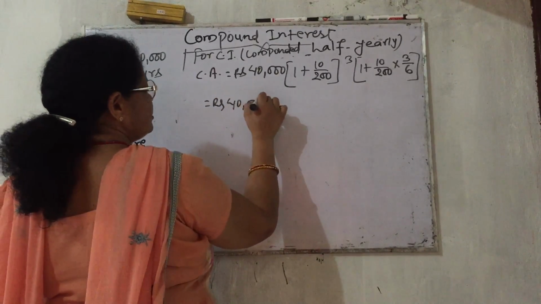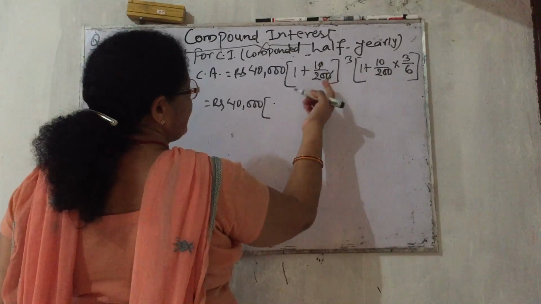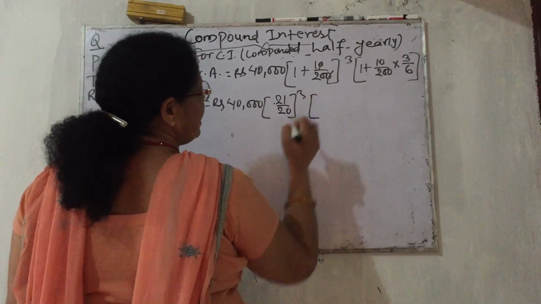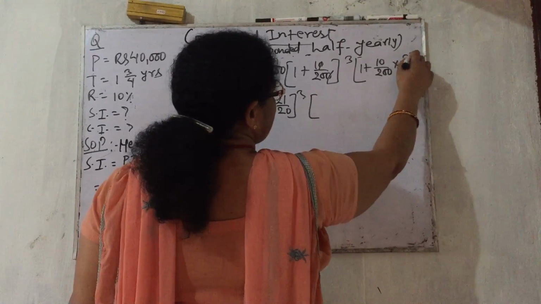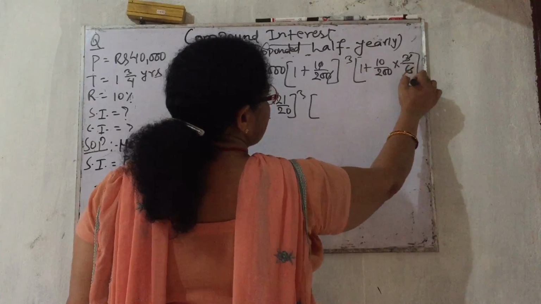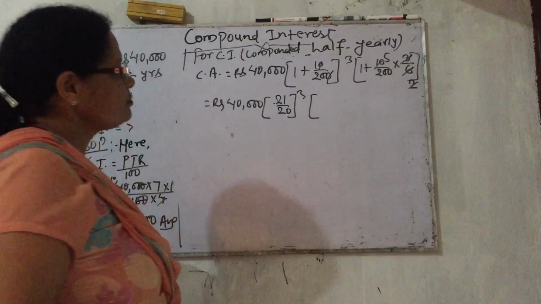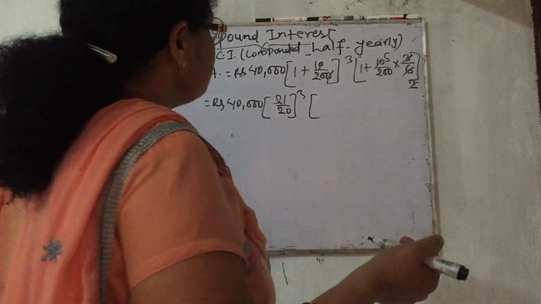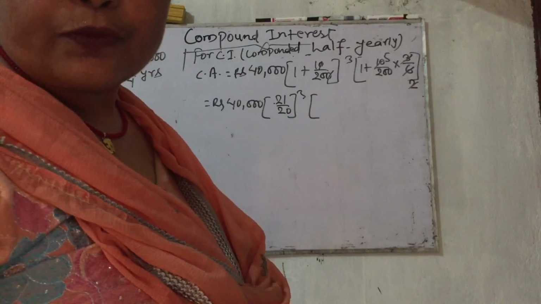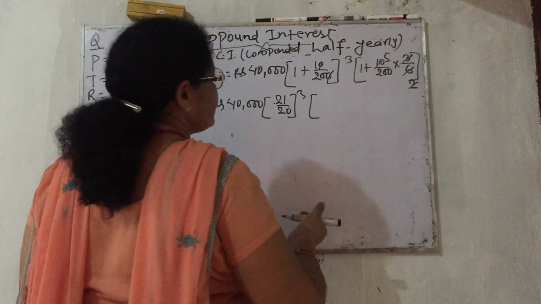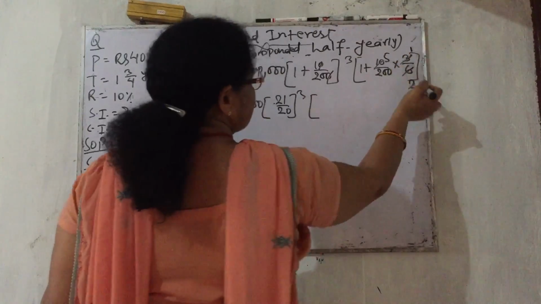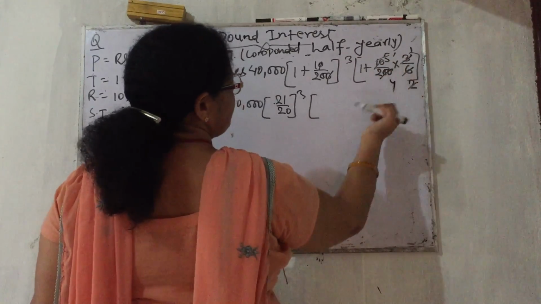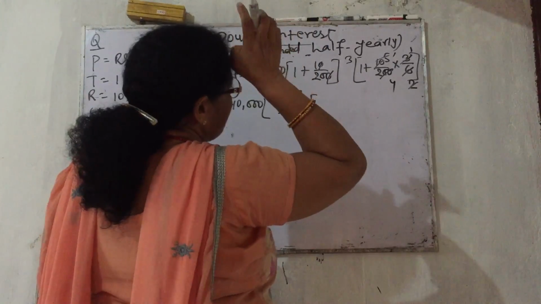Rupees 40,000 into, 10 cancel, 2 20s and 1 is 21, so 21 by 20 to the power 3, and here 10 by 200 into 3 by 6.